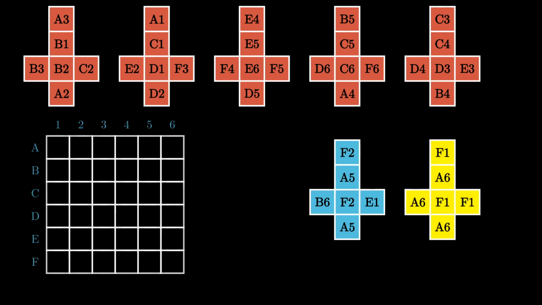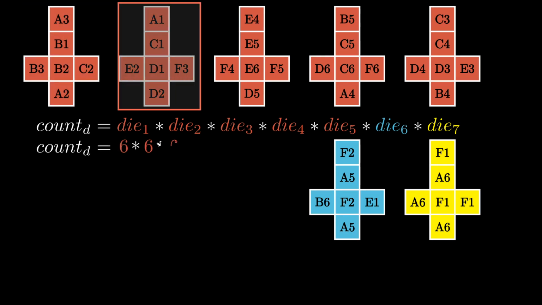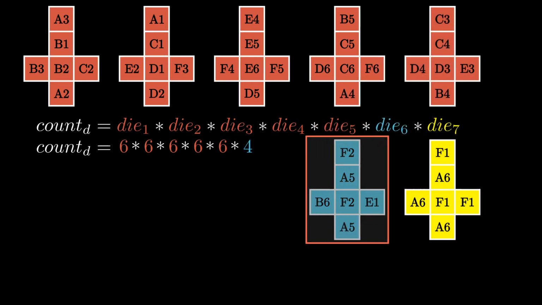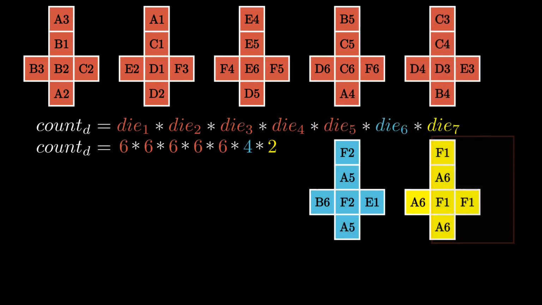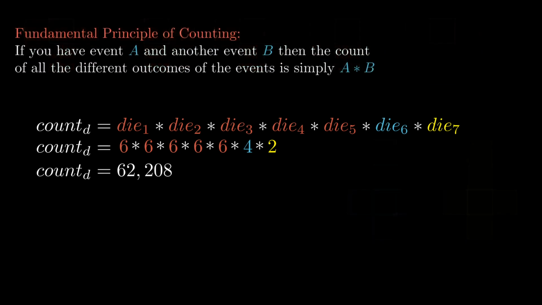So the total number of games possible with the dice is 6 times 6 times 6 times 6 times 6 times 4 times 2. And when we do the calculation, we get the answer 62,208. Pretty awesome, right? We just used the fundamental principle of counting to verify and prove the number of games possible with the dice, and our answer matches up exactly with what is printed on the box.